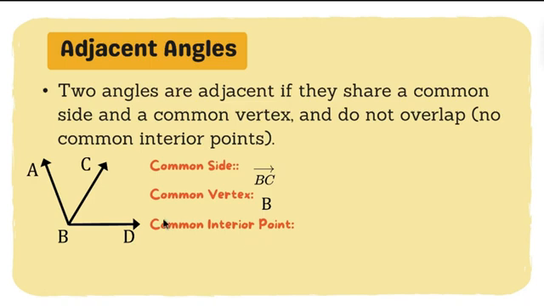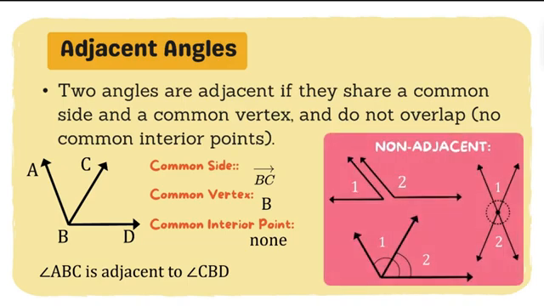Ibig sabihin, anong point sa loob ng angle ABC na meron sa loob ng angle CBD? Meron po ba? The answer is none. Okay, so therefore, ang angles na ito are adjacent. We can say that angle ABC and angle CBD are adjacent angles.